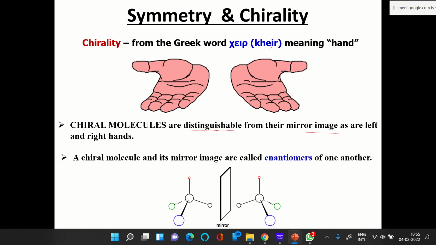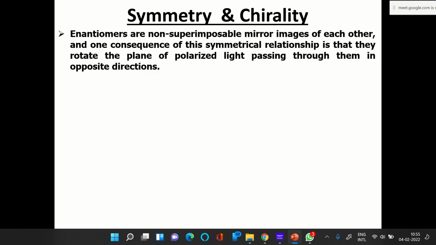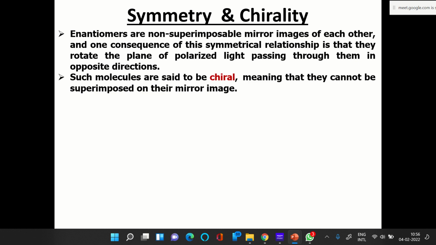Chiral molecules and their mirror images are a pair of enantiomers, which are non-superimposable mirror images of each other. They rotate the plane of polarized light which passes through them. Such molecules are said to be chiral.